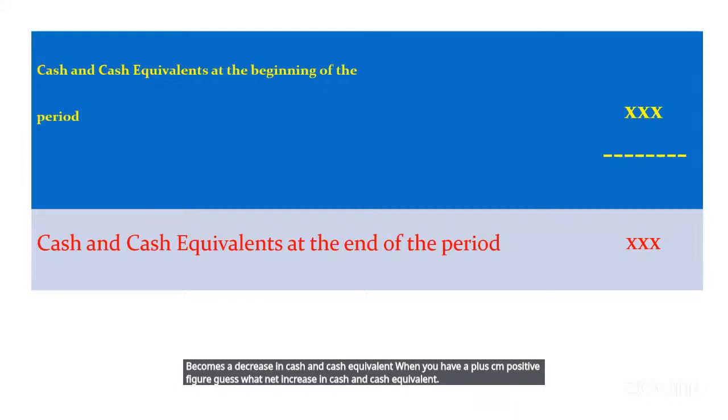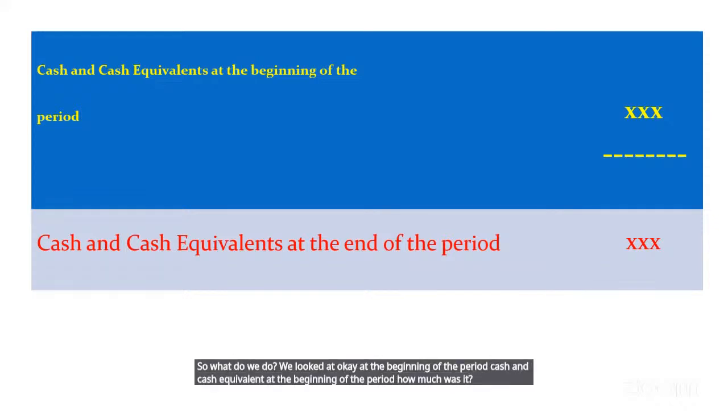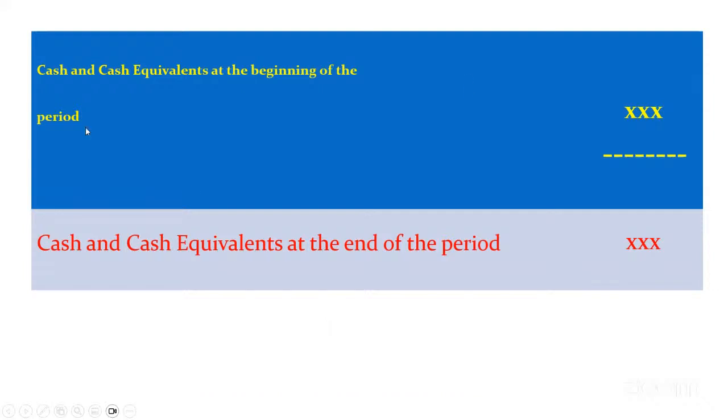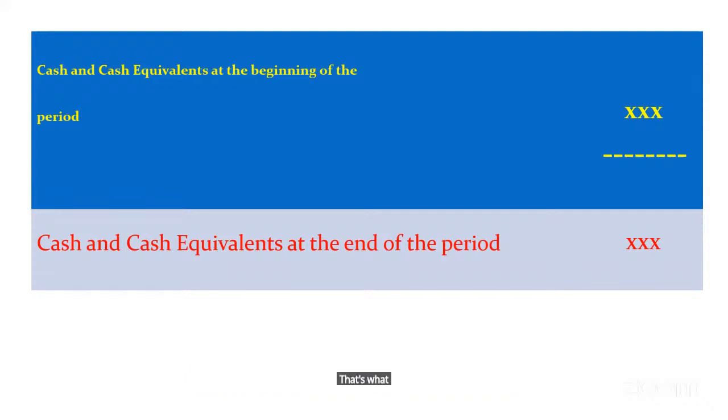So we look at cash and cash equivalent at the beginning of the period, how much was it? When you add it together, you have cash and cash equivalent at the end of the period that we are reporting. That is the end of your cash flow statement. That's where we stop. Finish your cash flow statement.